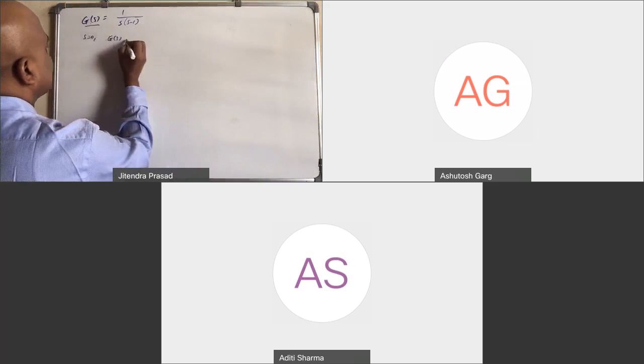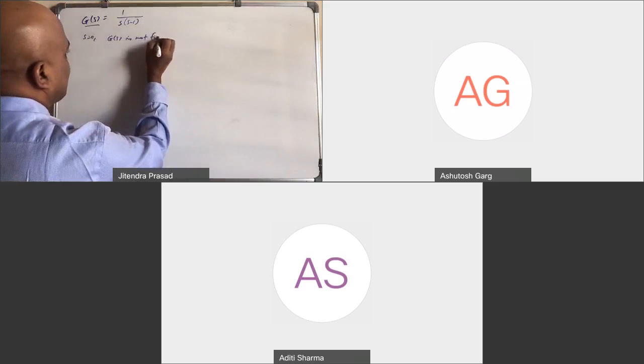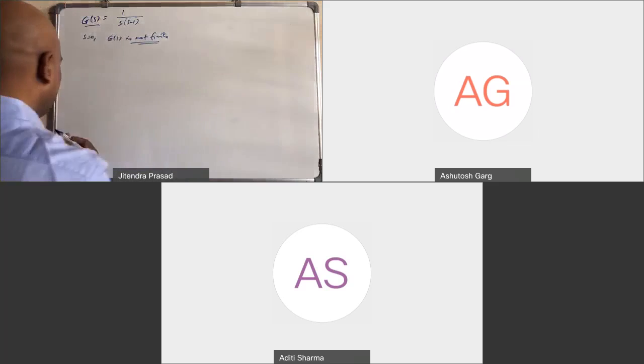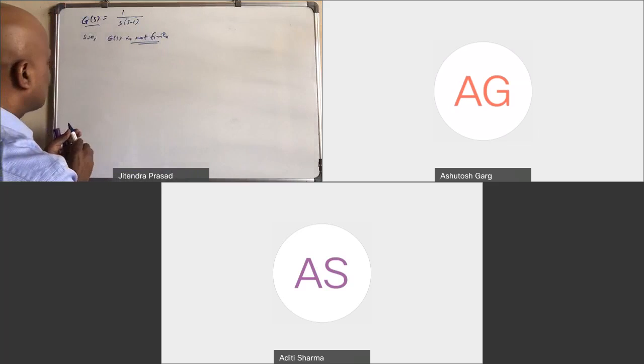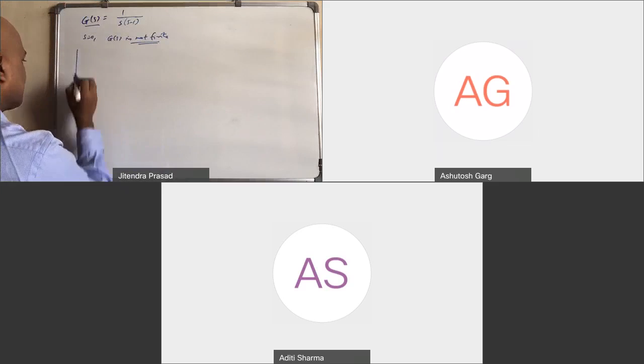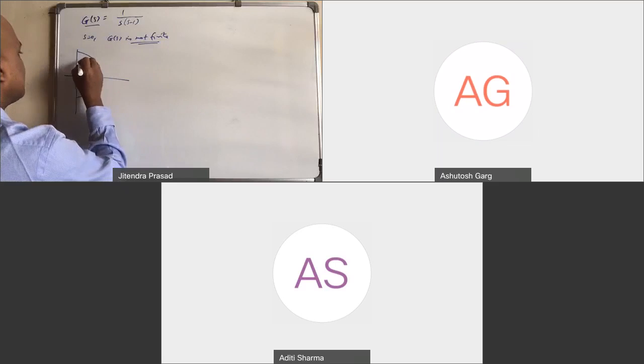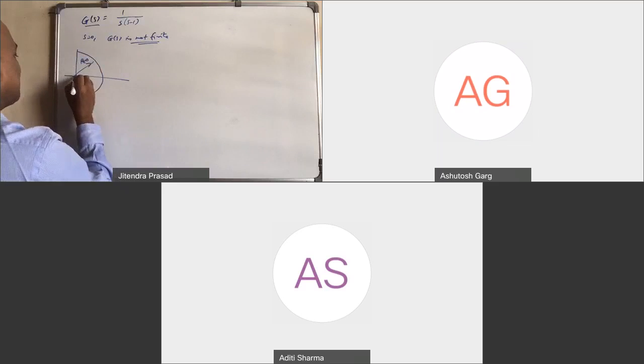So your s contour cannot simply go with R tending to infinity and pass through 0.